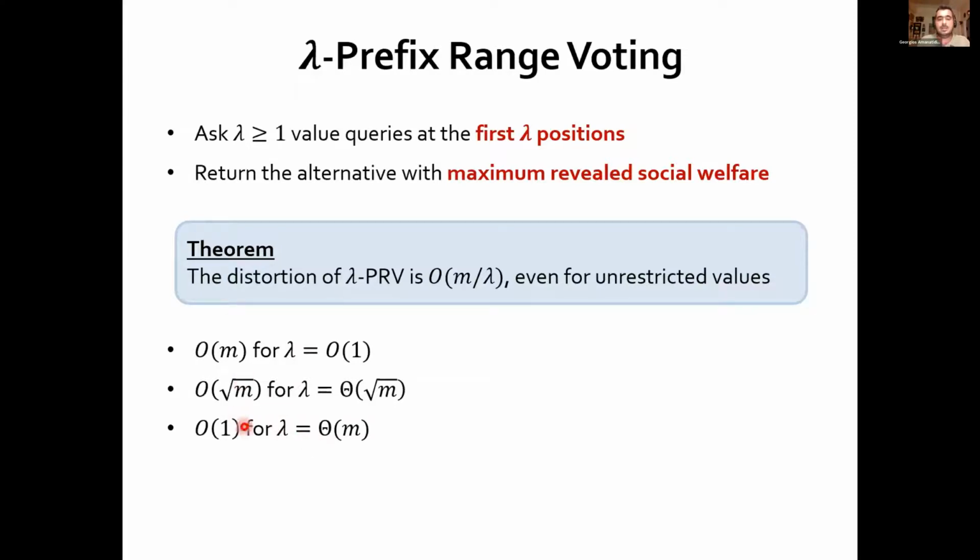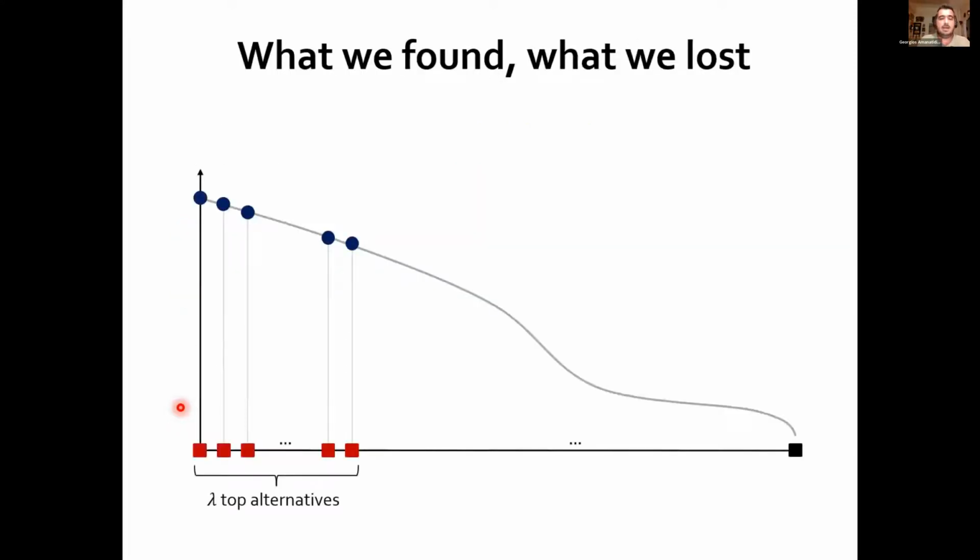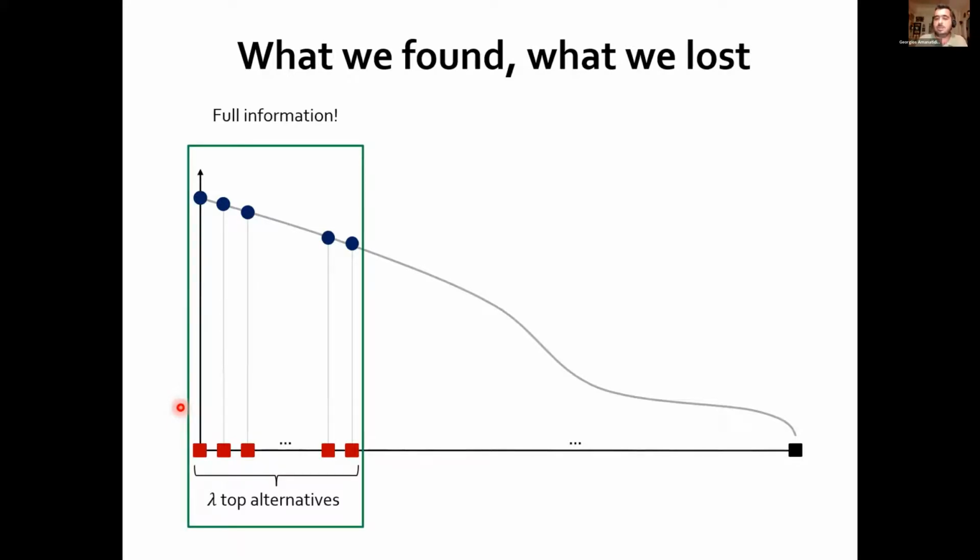So somehow this gives an improvement, but the more we ask, we don't get as much as we would expect. And there's a simple intuition for that. So let's see what happens. For the first lambda positions, we have full information.